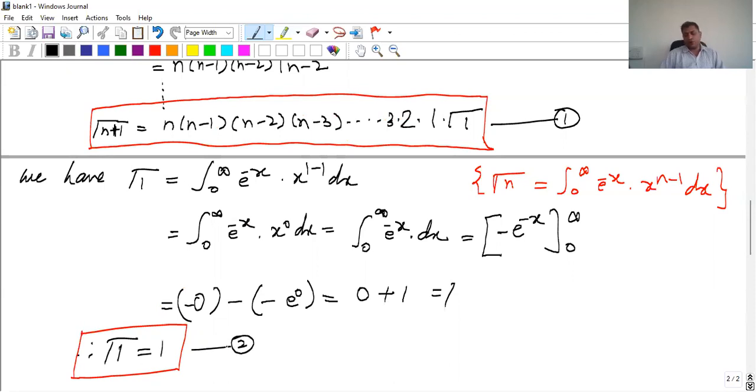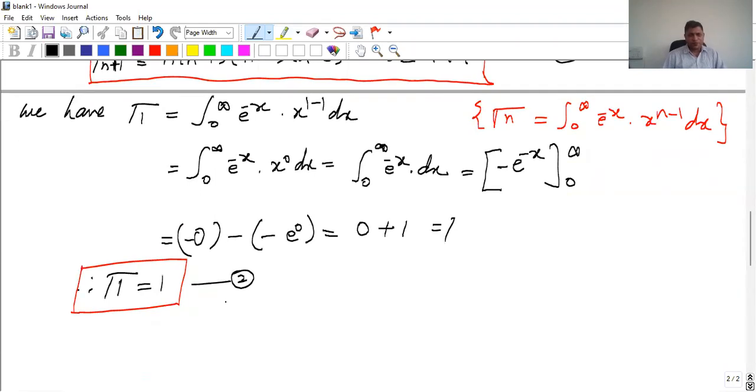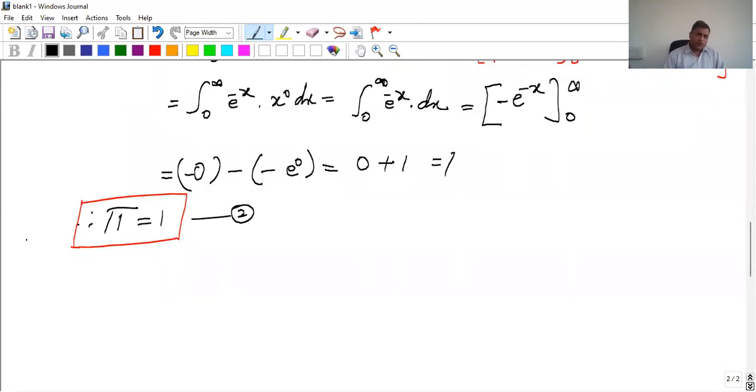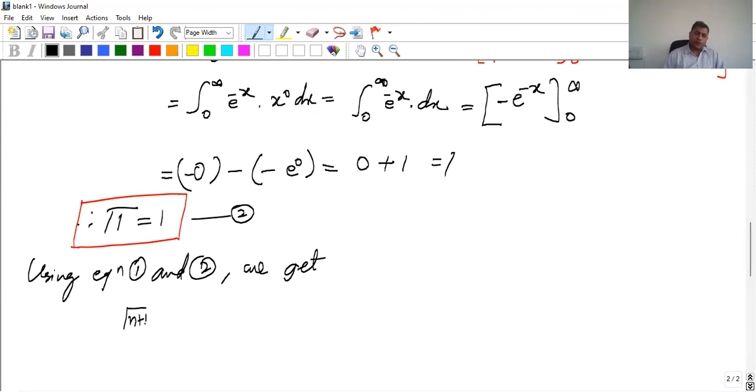We can use the value of equation 2 in equation 1, and hence using equation 1, what we are able to get here is gamma of n plus 1.